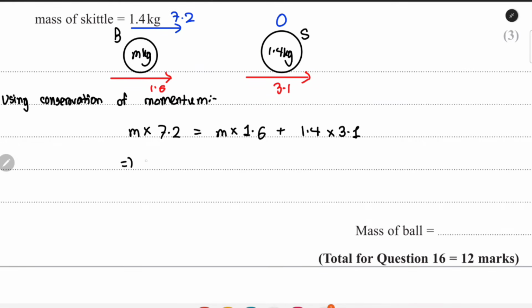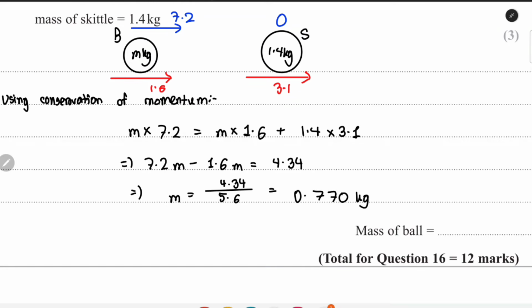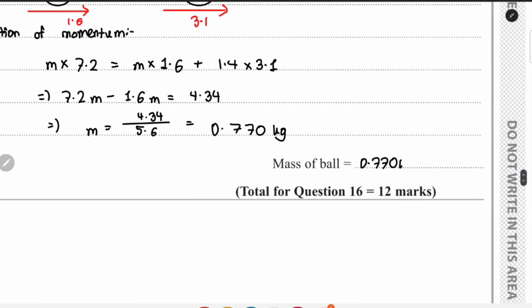We'll move the m's to the left, so 7.2m minus 1.6m equals 4.34. So we'll get m equals 4.34 divided by 5.6, which is equal to 0.770 kg. My bad, this will be 0.775.